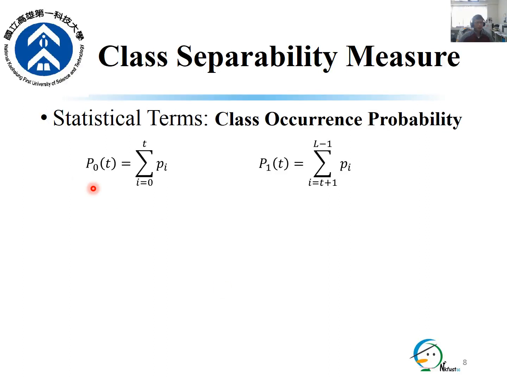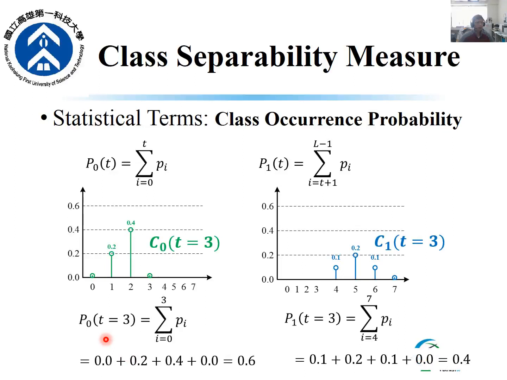Then define P0(t) and P1(t) as the class occurrence probability of C0(t) and C1(t) respectively. For example, P0(t=3) is the class occurrence probability of C0(t=3) and equals 0.6. Similarly, P1(t=3) is 0.4.